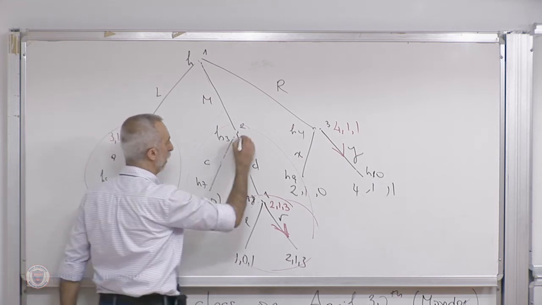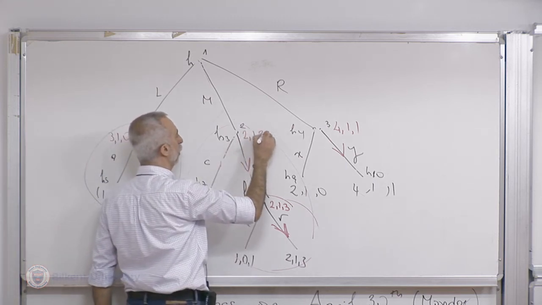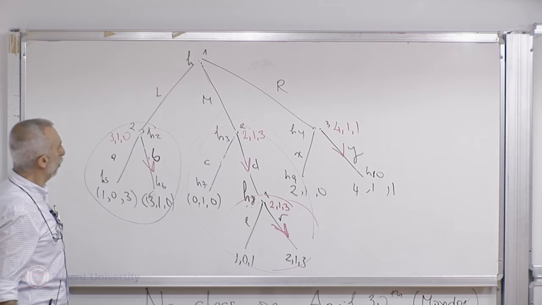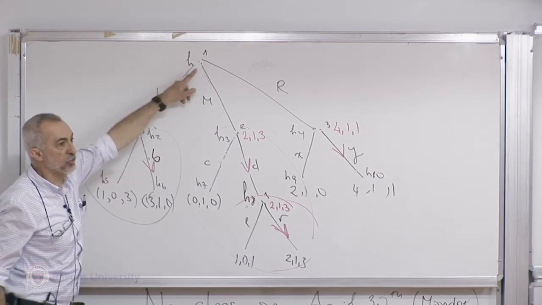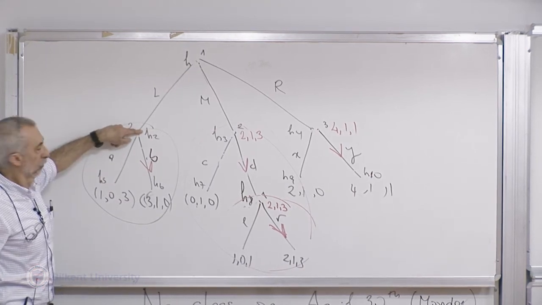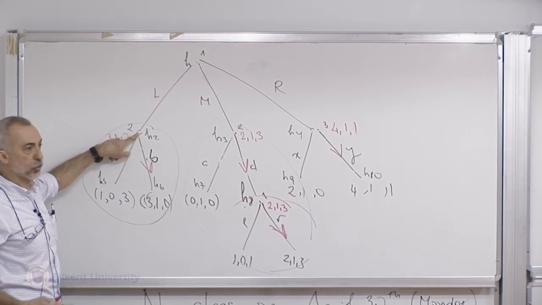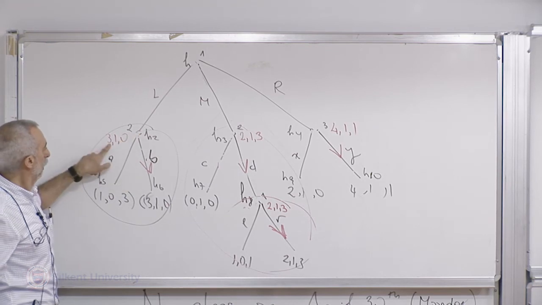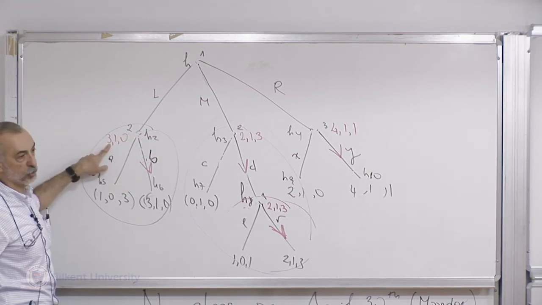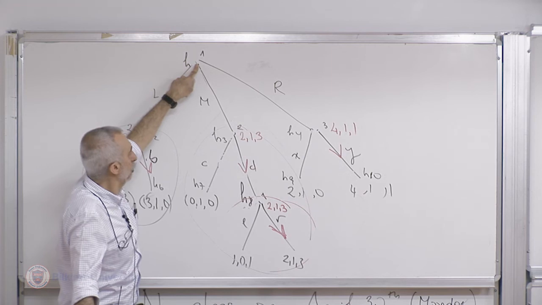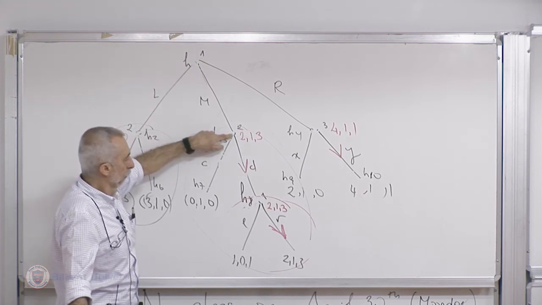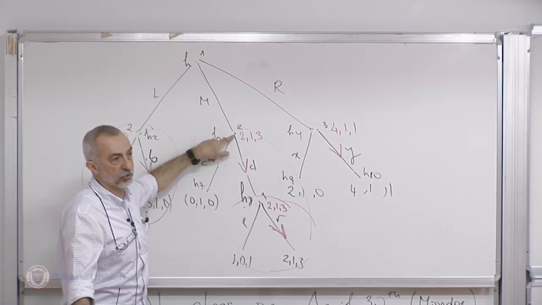In that case, the payoff here is going to be 2, 1, 3. So player 1 looks at his payoff. If he plays L, the game will be at this history. He knows what player 2 will do, and he knows that in this case his payoff is going to be 3. If he takes the action M, the game will be at this sub-history.